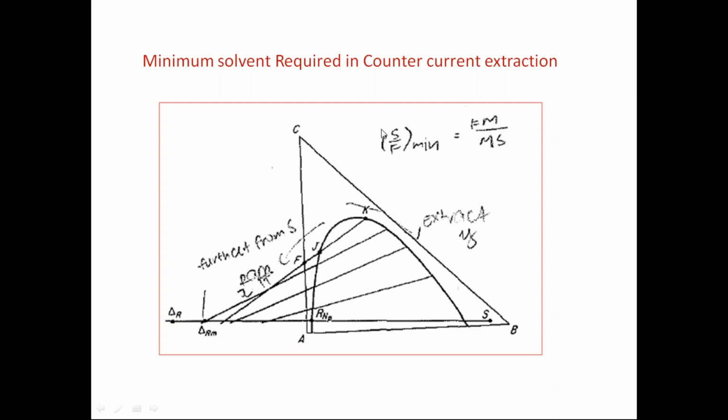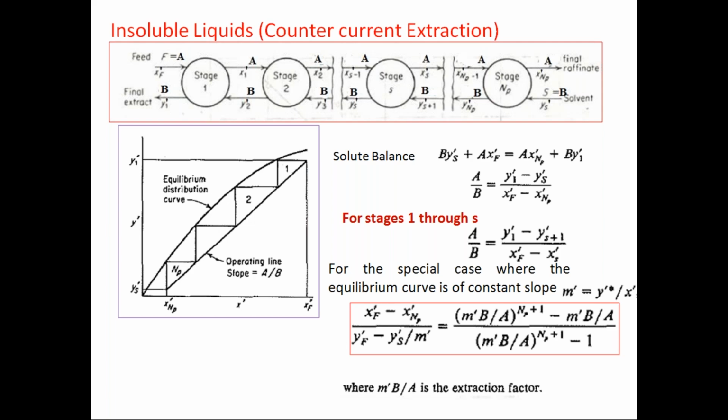From this you can estimate S by F minimum equal to FM by MS, because M will be coming on this side. Otherwise, you can substitute in the equation and find out the minimum solvent requirement for counter current extraction. Okay, so while you are doing the problem, you will be able to know that.